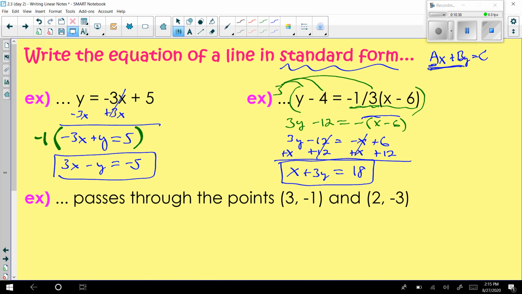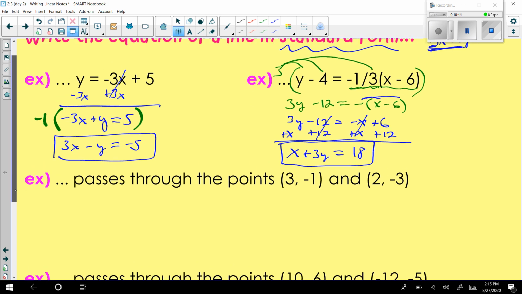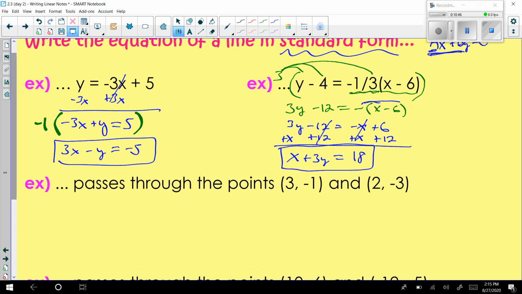All right, next example says that we want this in standard form when it passes through the 2 points, 3, -1, and 2, -3. Okay, so similar to the other ones, we're going to start using our slope formula. If you need to write down x1, y1, x2, y2, that's fine. I'm just going to do it without doing that.